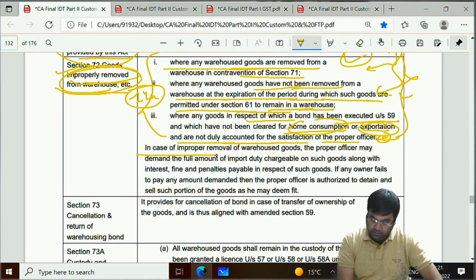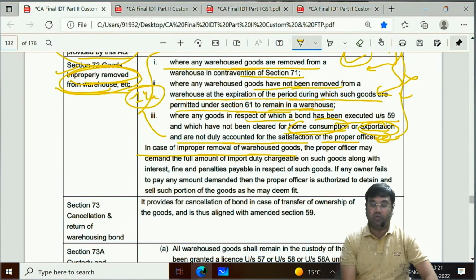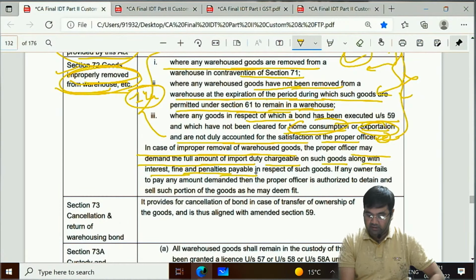So in case of improper removal of warehouse goods, what is going to happen? The proper officer may demand the full amount of import duty chargeable on such goods along with interest, fine and penalty payable in respect of such goods. If any owner fails to pay any duty demanded, then the proper officer is authorized to detain and sell such portion of goods as he may deem fit.